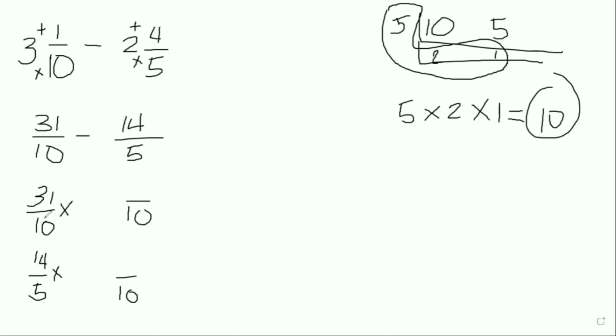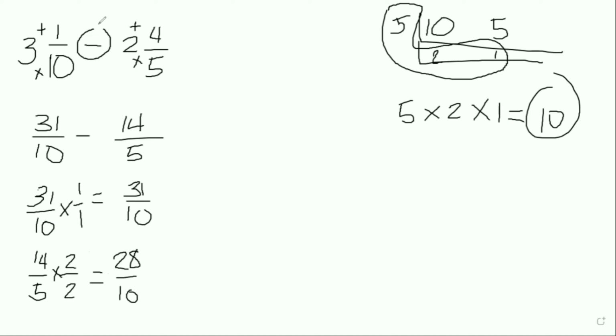And then look for the multiplier. Anong multiplier ng 10 para maging 10? 1. And then ayun din yung i-multiply sa numerator. So 31 times 1 is 31. And then sa 5, anong multiplier natin? 2. Because 5 times 2 is 10. So i-multiply din natin yung numerator niyang 14. 14 times 2 is 28.